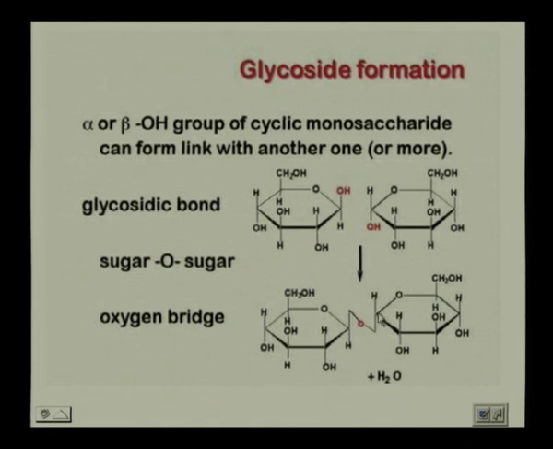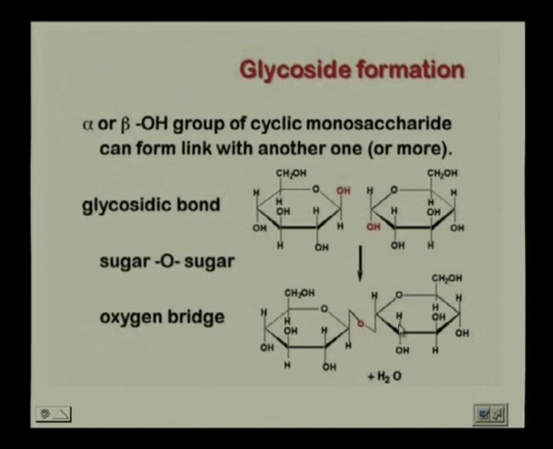This is O, this is 1, 2, 3, 4, 5, 6. So, what linkage is this? It is a beta 1,1, right? So, we have to be careful at what we link, because now you have formed a completely different disaccharide.